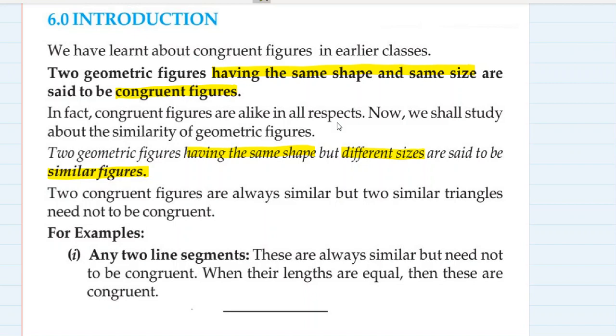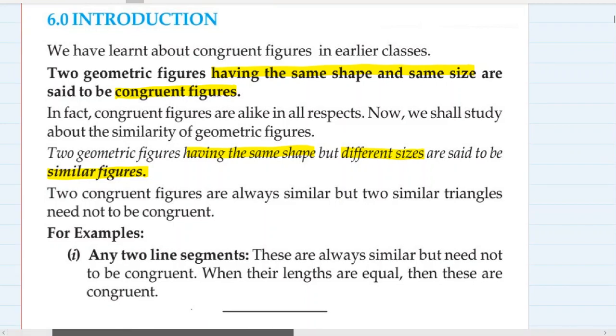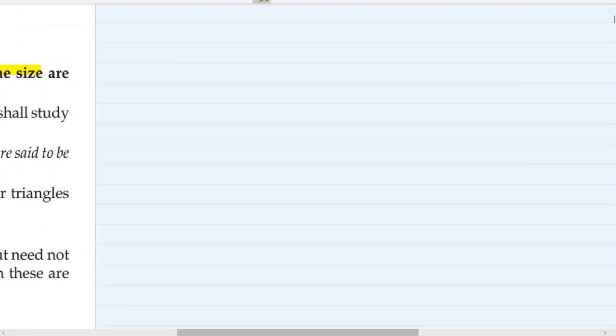Always understand that. So to prove my point, I would like to draw a figure and then show you the difference between congruency and similarity.